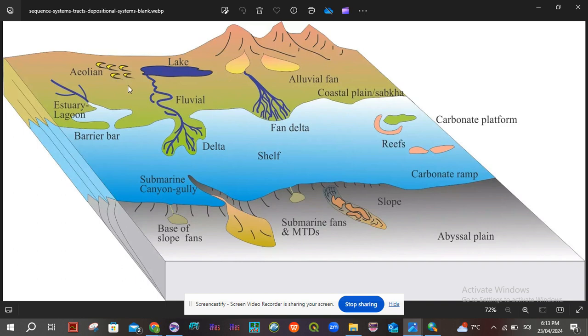You can see some unidirectional current bedforms like wind ripples and some dunes in your Aeolian deposits. Mostly we have clean, mature sand because most times it travels a lot and is mostly free of clay material, which is a very good reservoir in terms of oil and gas.